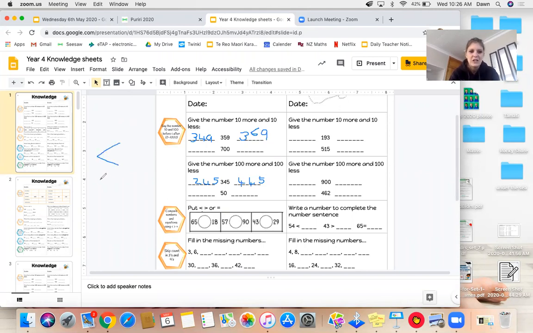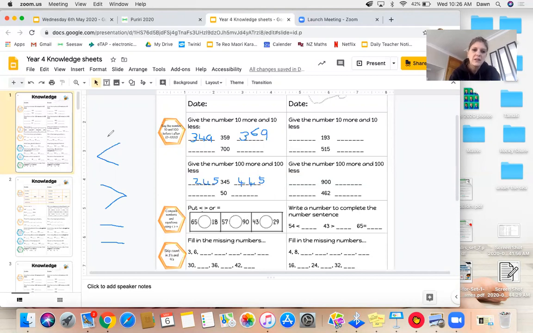Okay, so these are my crocodile mouths, and that is an equal sign. Okay, an equal means they are the same. So if two numbers are the same, you will put an equal sign in the center of these numbers. Now you can see that there are no numbers that are the same on both sides, so we won't use an equals on this page.